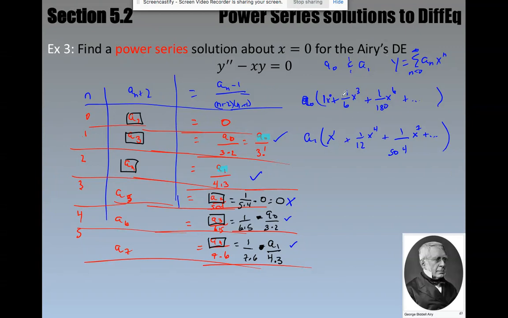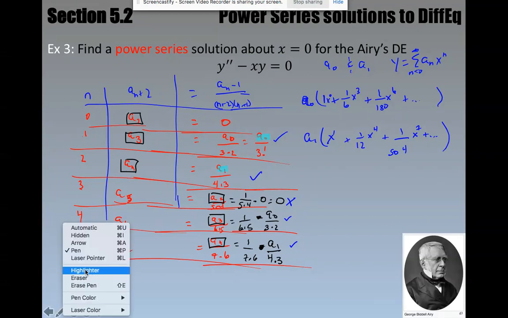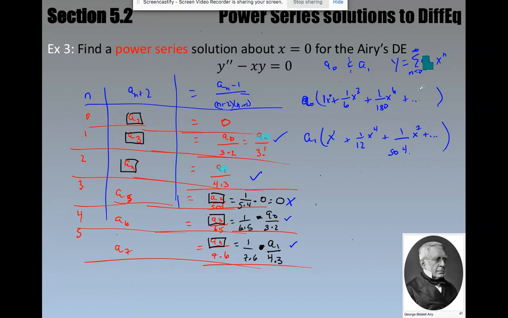So this time I just wrote, right, there's my a sub n, but my a sub n's I had to write in kind of two separate patterns because the a sub n either involves a sub 0 or a sub 1's. So my power series solution is just a big old y equals the sum of those.